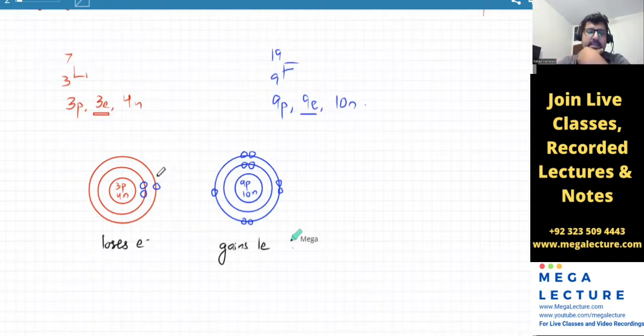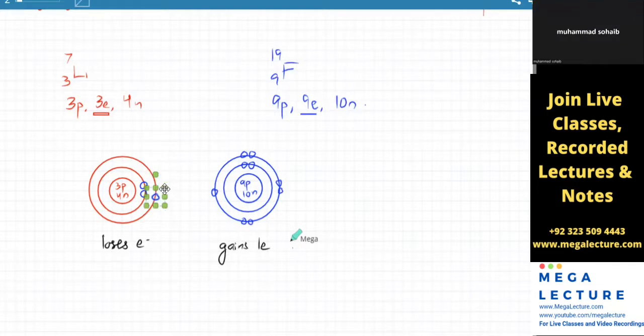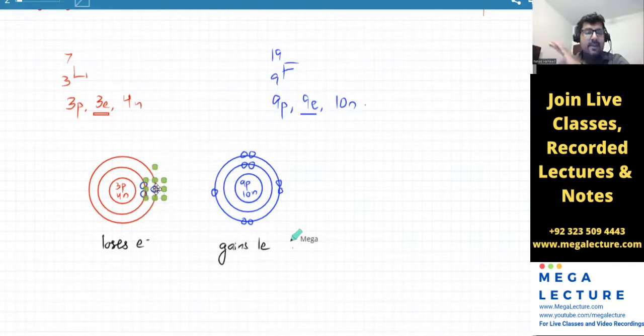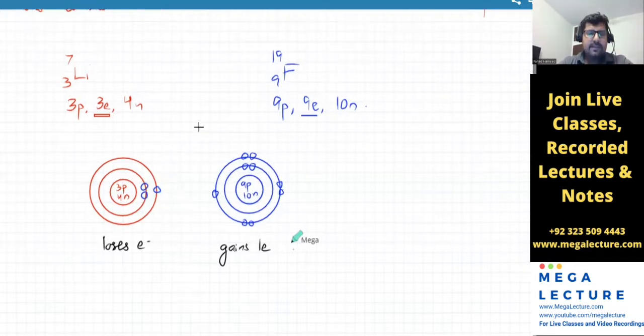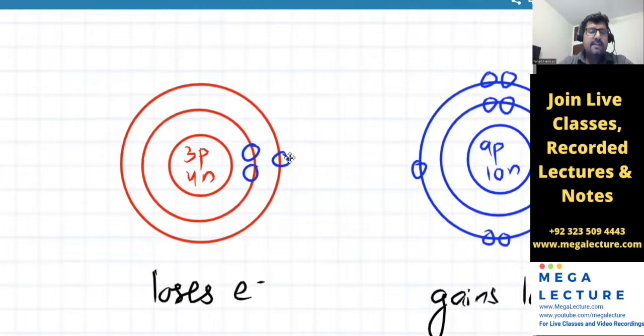Why does this one like to lose that electron? You're right about that. And so the problem is, why is the other one attracting that electron? So the question is, who attracts the electron in the first place? It's the nucleus, right? The nucleus has the positive charge, and it's the thing that keeps the electron attracted to it.